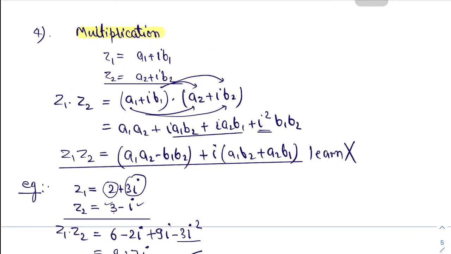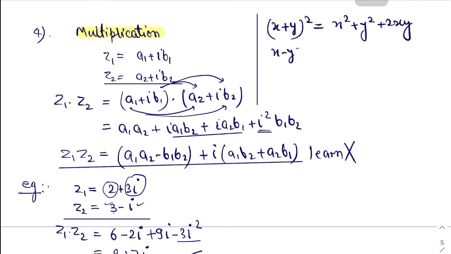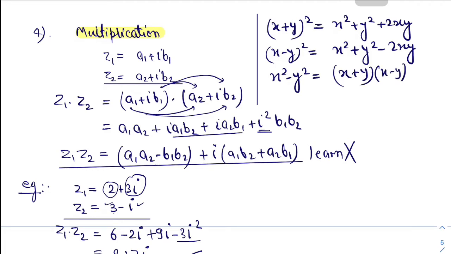Important thing to understand here is, since the multiplication of complex numbers is very similar to that of polynomials, I can say that every algebraic identity that you have remembered in your lower classes, that is x plus y whole square is equal to x square plus y square plus 2xy, x minus y whole square is equal to x square plus y square minus 2xy, x square minus y square is x plus y into x minus y, and so on.